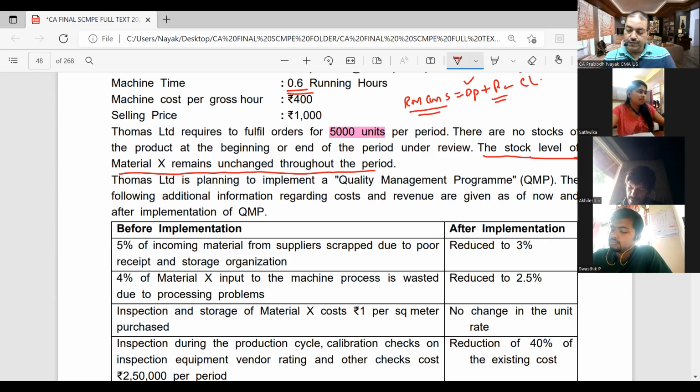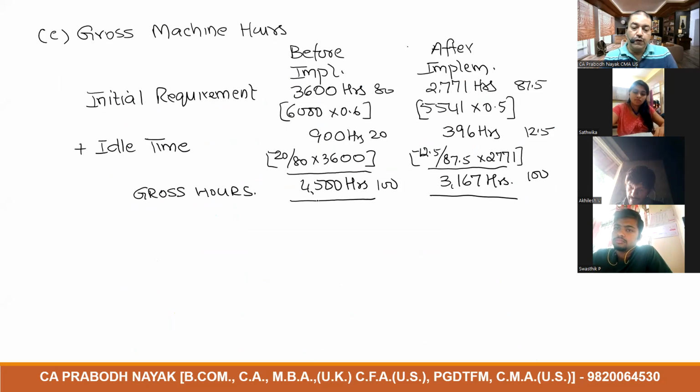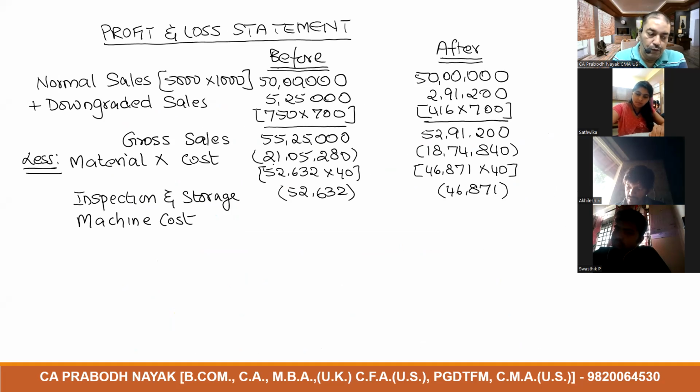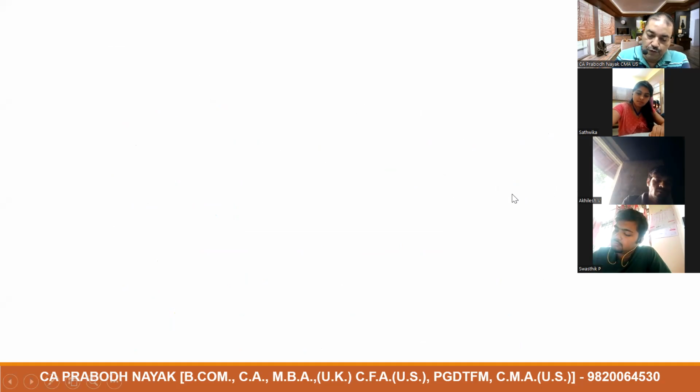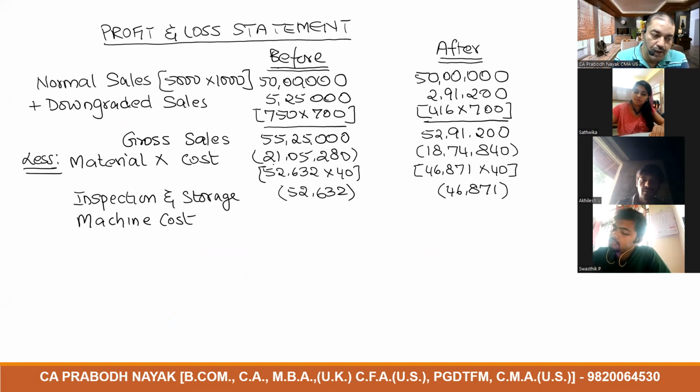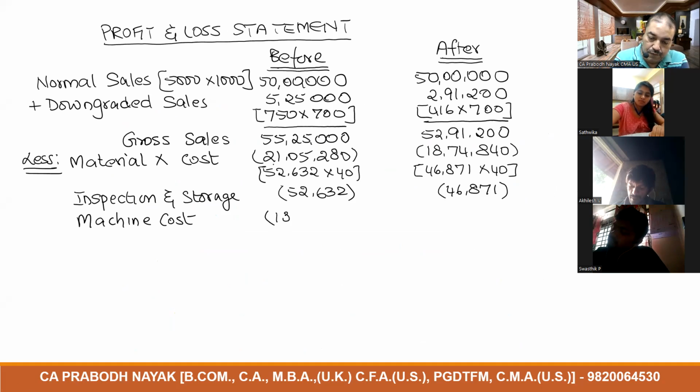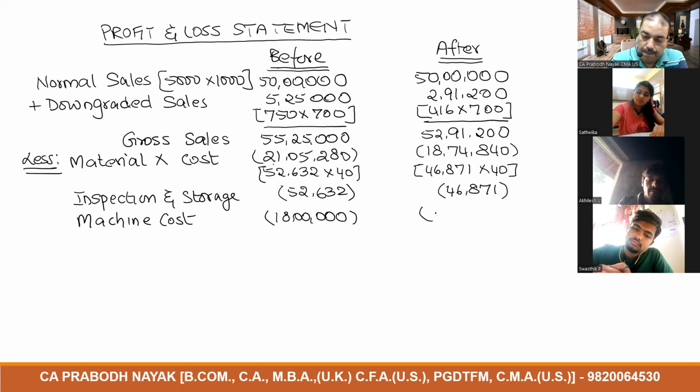So 4,500 into 400, 3,167 into 400. 4,500 into 400 will give me 18 lakhs. 3,167 into 400 is 12,66,800.